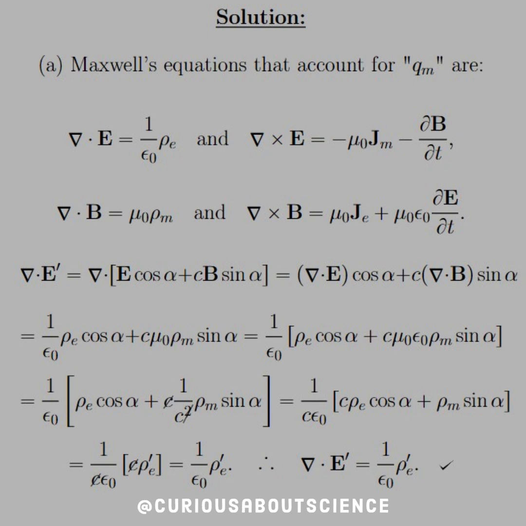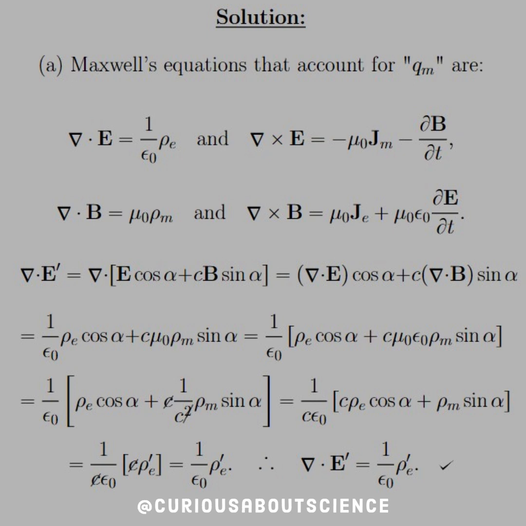Here we can plug in rho E over epsilon naught for the divergence of E, and mu naught rho m for the divergence of B, and factor out a 1 over epsilon naught, so we have to put an epsilon naught on the sine alpha term. When we do that, we're left with rho E cosine alpha plus, now that we have a mu naught epsilon naught, we can plug in a 1 over C squared factor, and the C's cancel, so we're left with a 1 over C term.